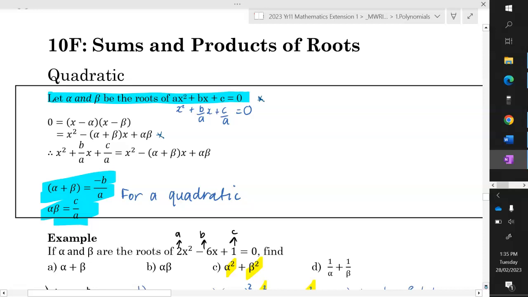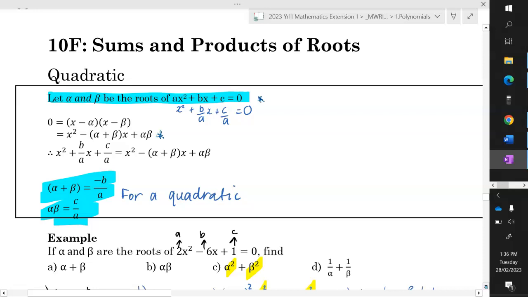Now, if we equate coefficients between the two that I had asterisked here, then my middle term here would be minus (alpha plus beta), and my middle term here would be b over a. So they would be equal to each other, and the minus is just popped over to the other side. My constant term alpha beta would be equal to c over a, and that's my second part here.